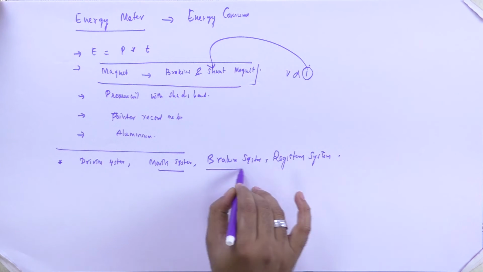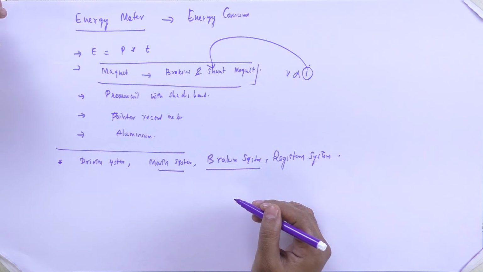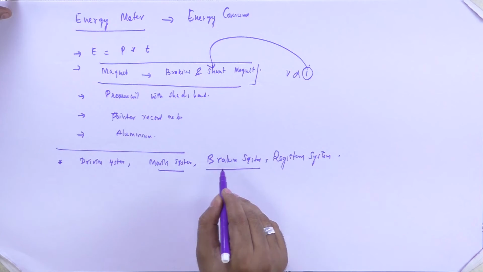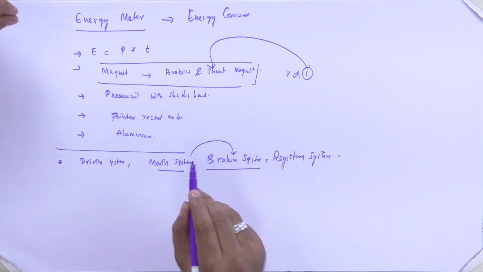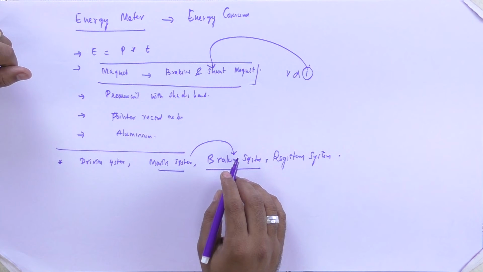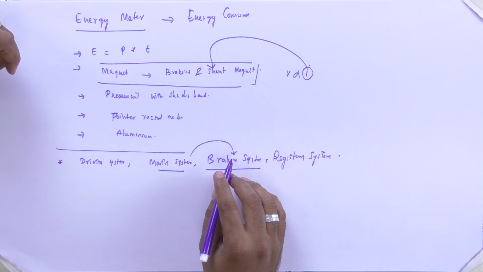Coming to the braking system, it provides control of rotation. Control of rotation takes place in the aluminum disc. Hence the moving system is under the control of the braking system. Earlier, when discussing the moving system, I said that eddy currents are induced in the aluminum disc, and this eddy current in the disc interacts with the magnetic flux of the permanent magnet, and hence it produces braking action or braking torque.